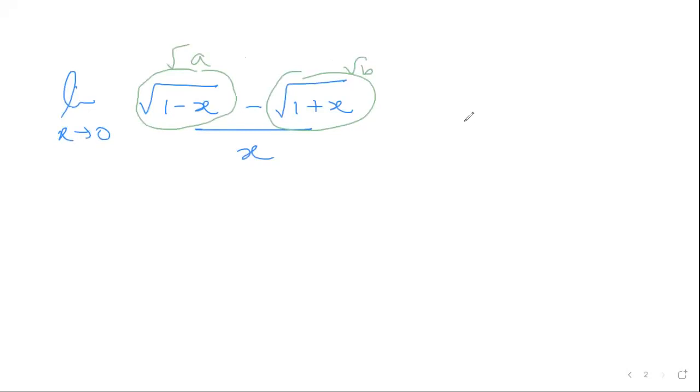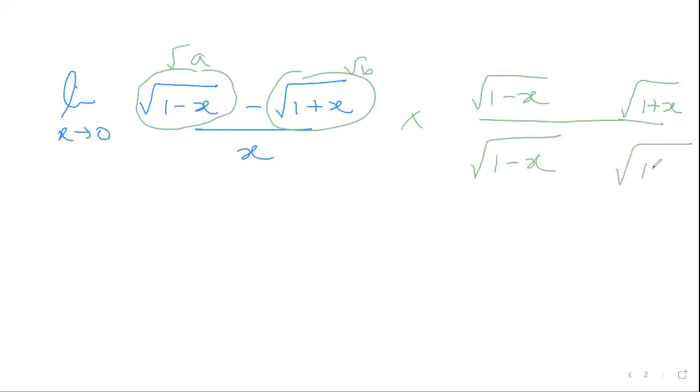So you will keep both the terms as they are. Inside the square root we can't change anything. What we can do is change the sign that's in between, so that minus will become plus here. Whatever you are multiplying, the same thing needs to be divided by.